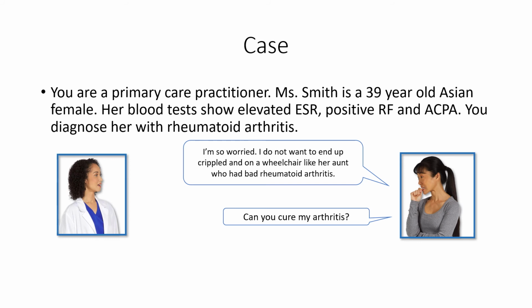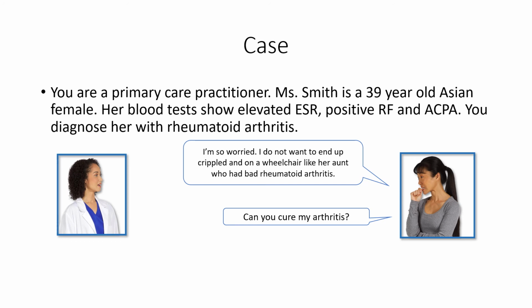With that, I want you to go back to our case. Our same 39-year-old Asian female, now her blood tests are back that showed elevated ESR and a positive rheumatoid factor and ACPA. You diagnose her with rheumatoid arthritis and she says, "I'm so worried.